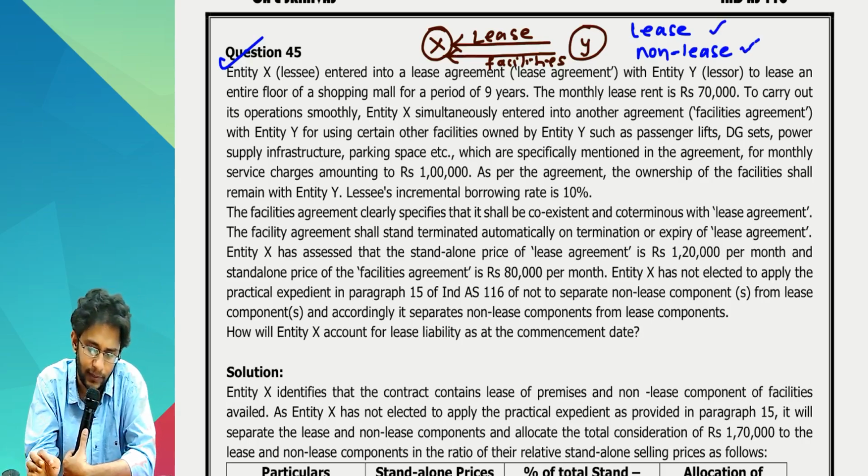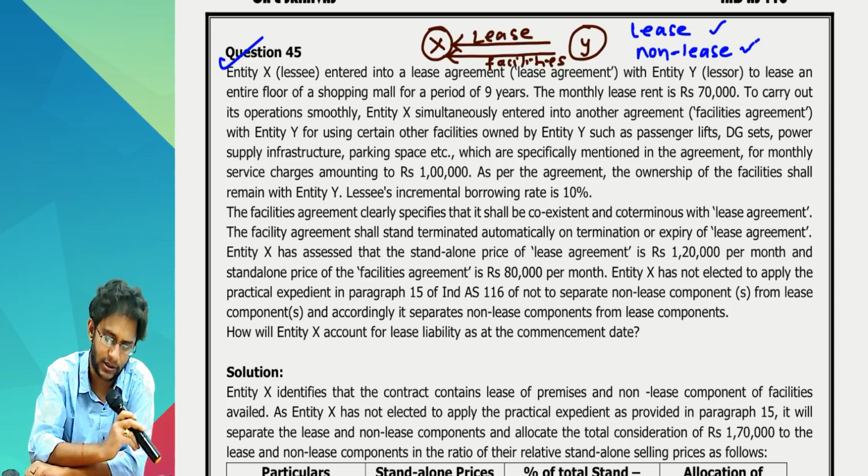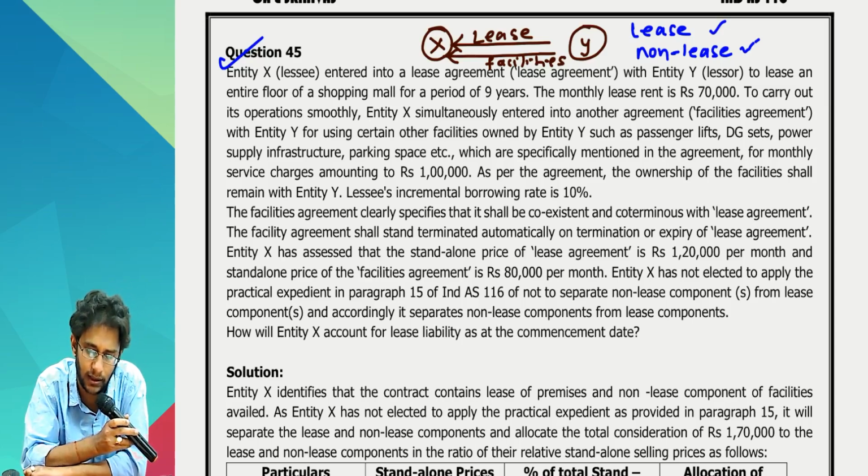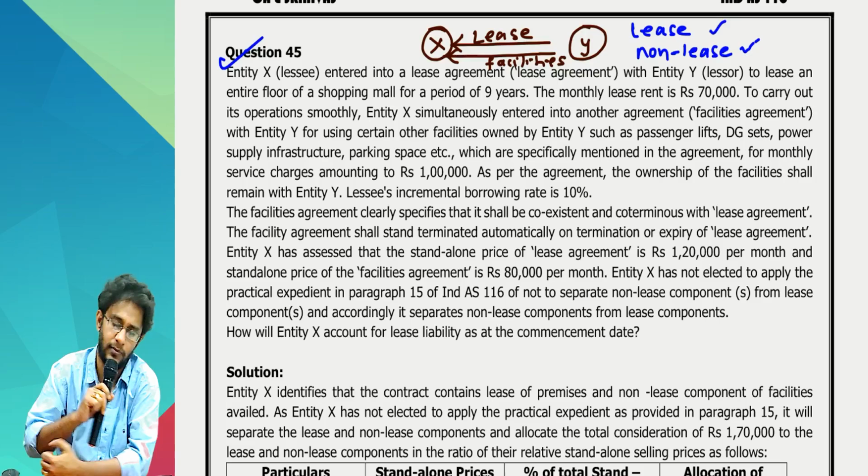The facilities agreement clearly specified that it shall be coexistent and co-terminus with the lease agreement. The facility agreement shall stand terminated automatically on termination or expiry of the lease agreement. Entity X has assessed that the standalone price of the lease agreement is 1,20,000 per month and the standalone price of the facilities agreement is 80,000 per month.